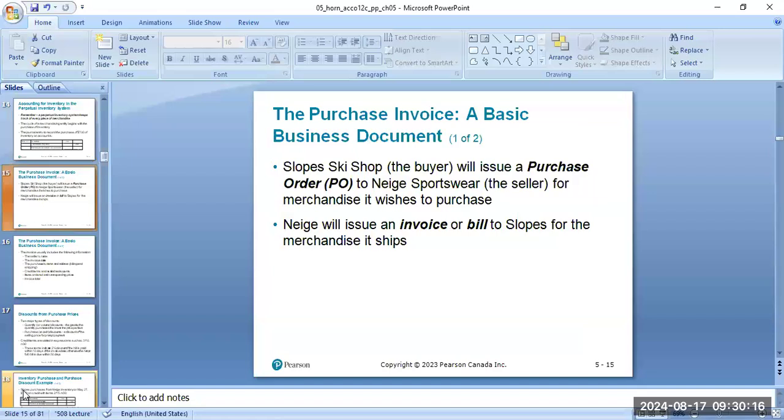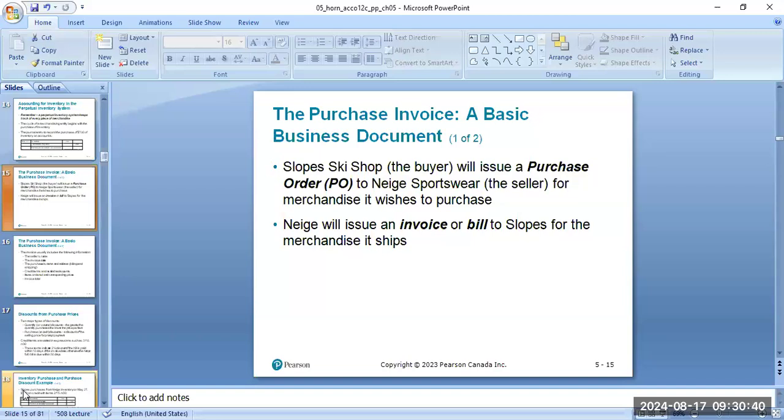What do we need to know, and what do we need to have in order to make this transaction? We need to have the document which proves that the purchase has been made. In normal business, first we're going to have the purchase order.